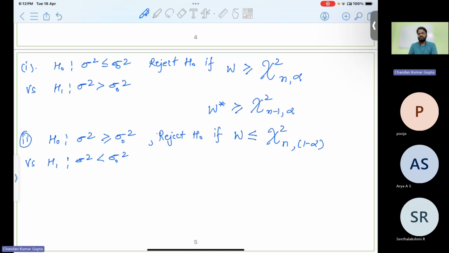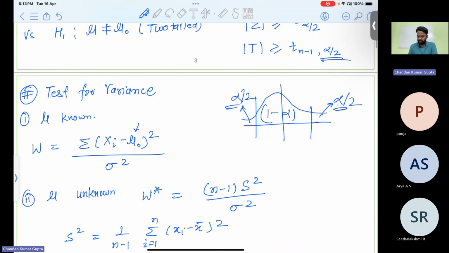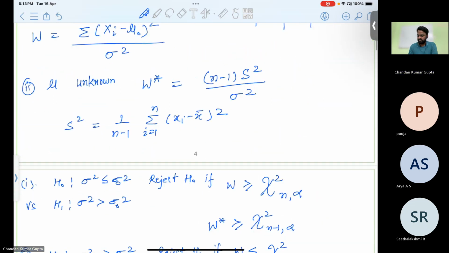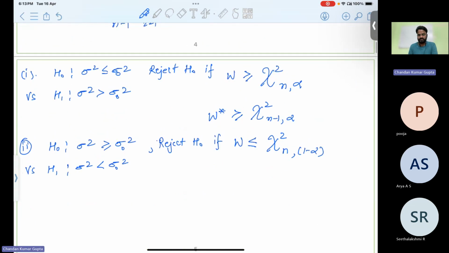This is because the chi-square distribution is not a symmetric distribution. In the earlier case, when we discussed the test for mean, Z or T is symmetrical, so we use the negative. But here it is either alpha or 1 minus alpha. Similarly, W star is less than or equal to chi square with n minus 1 degrees of freedom, since 1 degree of freedom is lost, at 1 minus alpha level of significance.